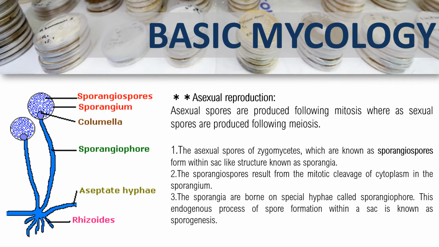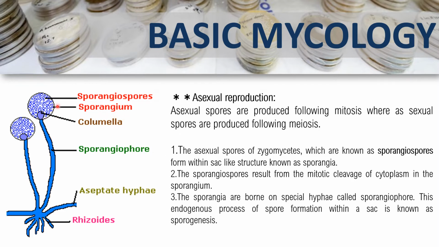So first class, I will discuss the production of sporogenesis. Okay, first class is the asexual spores of your Zygomycetes, which are known as your sporangiospore, form within the sac. So you have your sporangiospore class, this one, form within the sac called your sporangium.